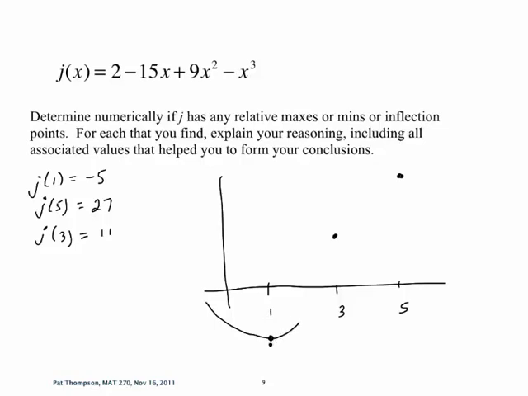And at 1, the second derivative was positive, concave up. At 3, the second derivative was 0. That's where the concavity changes. So from 1 to 3, it's concave up, and starting at 3, because the second derivative is 0, it's going to be concave down.